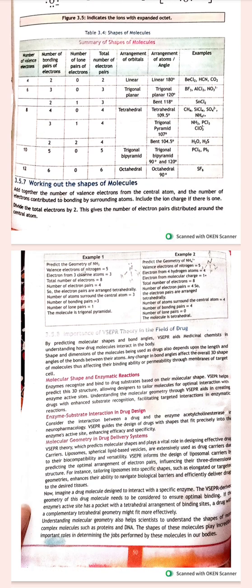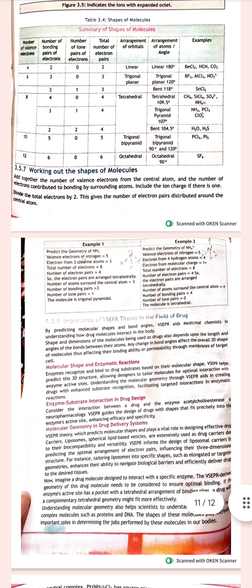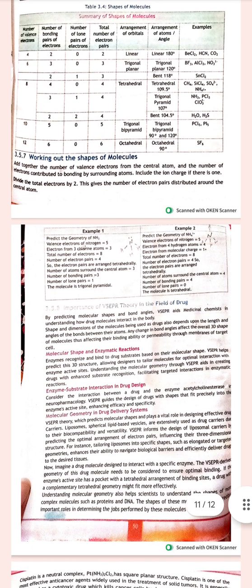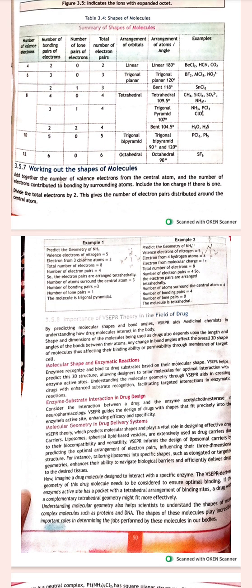Now we have the summary of shapes of molecules. You can see the number of valence electrons 4, number of bonding pairs 2, and number of lone pairs 0. So total number of electron pairs 2. So the arrangement will be linear, with an angle of 180 degrees, and the examples are BeCl2, HCN and CO2.